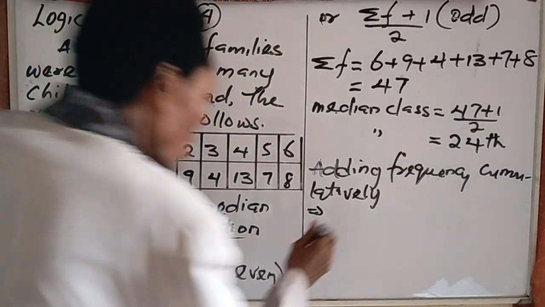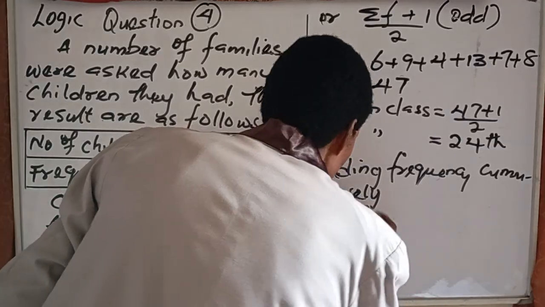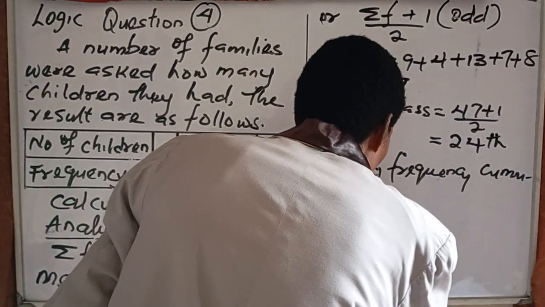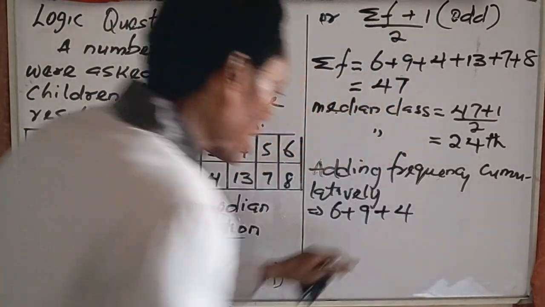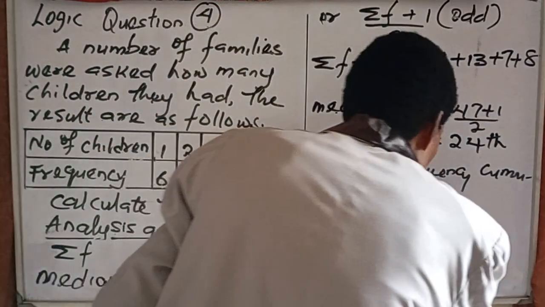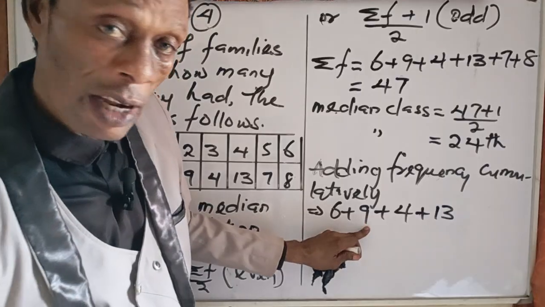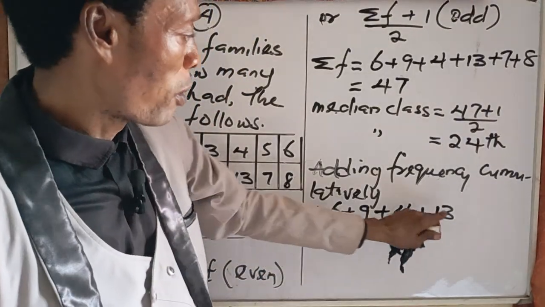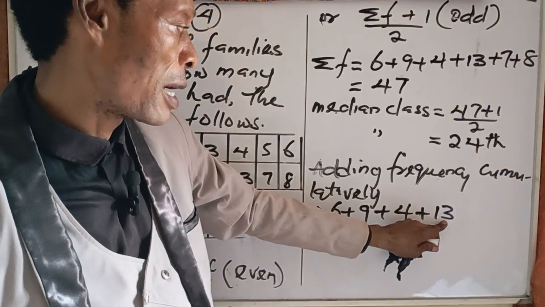That is 6 plus 9, which gives us 15. Plus 4 gives us 19. It's not up to 24 yet. Plus 13: 19 plus 13 gives us 32.